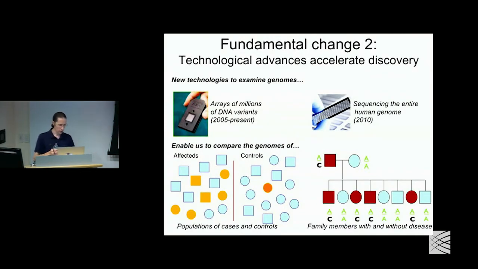Now, that was all great, but much more important to the progress that I'll highlight during this talk were the technological advances that had to happen. As I said, our studies in the year 2000 were very small, very time-consuming, and just not a lot of fun. And so we watched the technology evolve, first array-based technology that allowed us to simultaneously look at hundreds of thousands of DNA variants rather than one at a time in a labor-intensive way.